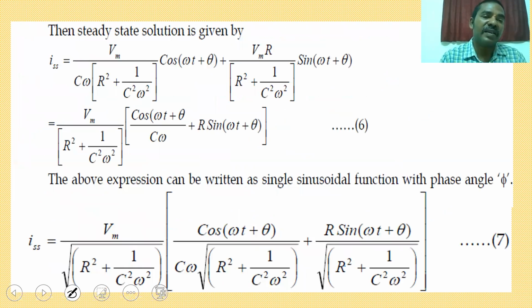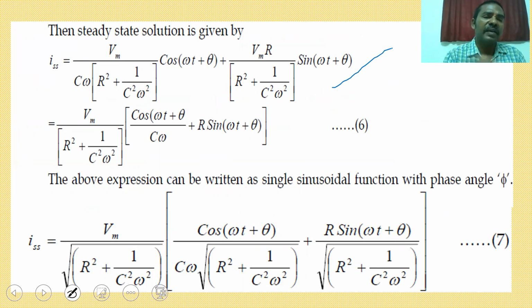Therefore the steady state current, or the particular integral current, is equal to Vm by c omega into r square plus 1 by c square omega square cos omega t plus theta, plus Vm r by r square plus 1 by c square omega square sin omega t plus theta.